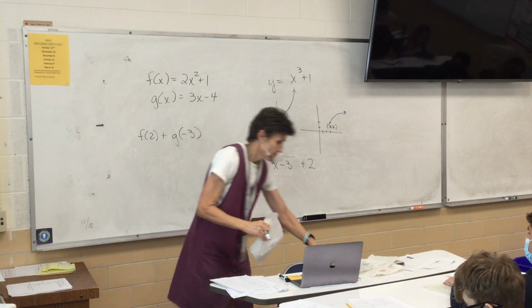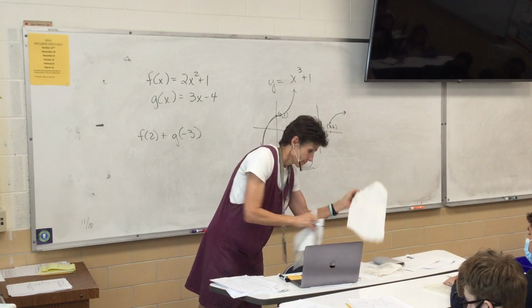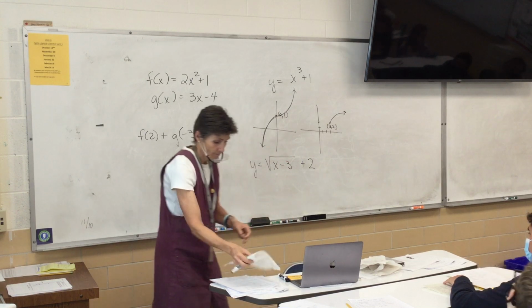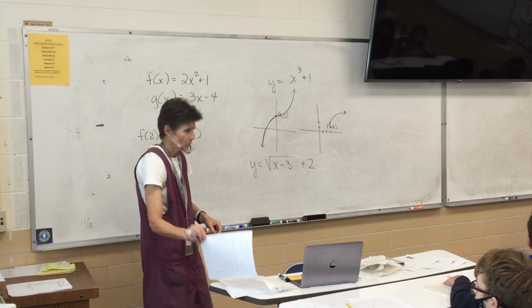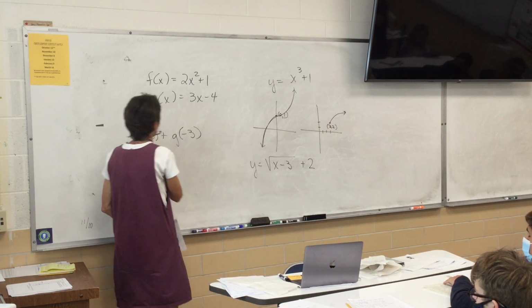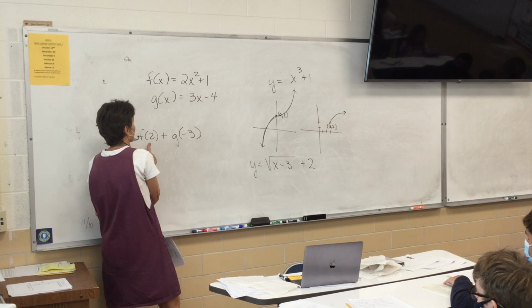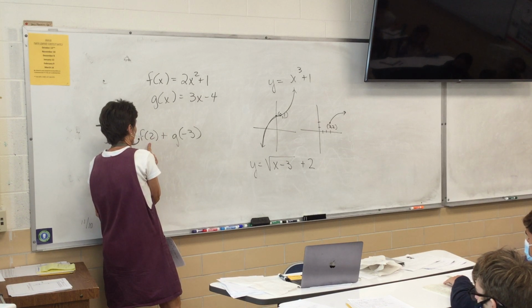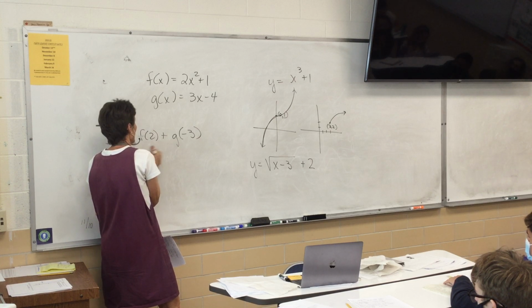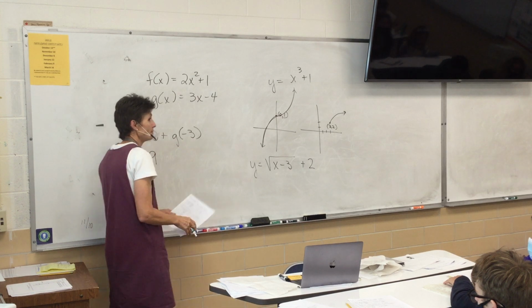What are we going to do? What's f of 2? F of 2 is 9.